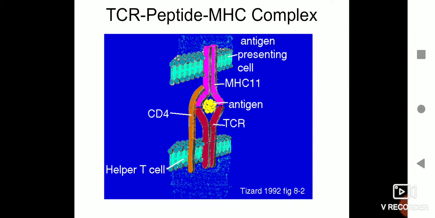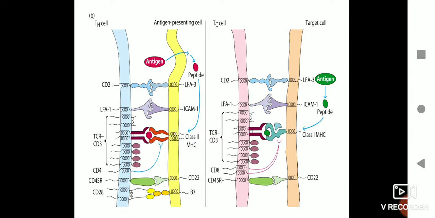So here is again a diagrammatic representation of how the T cell receptor binds with the antigen MHC complex and how the co-receptor CD4 or CD8 will interact with MHC to activate the T cell. And this diagram I have already shown you. In case of T helper cell, the antigen is presented by class 2 MHC molecule. In case of cytotoxic T cell, the antigen is presented by class 1 MHC molecule.